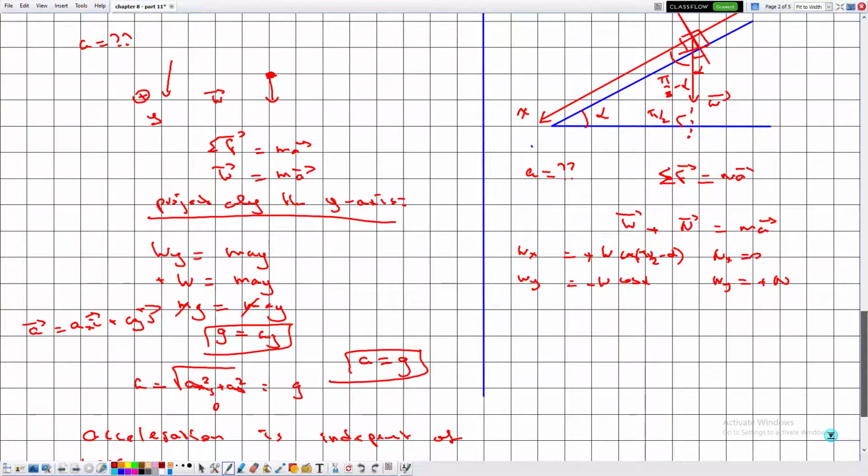So now referring to this equation, and let me say projection along the x-axis, so here we have Wx plus Nx is equal to max.